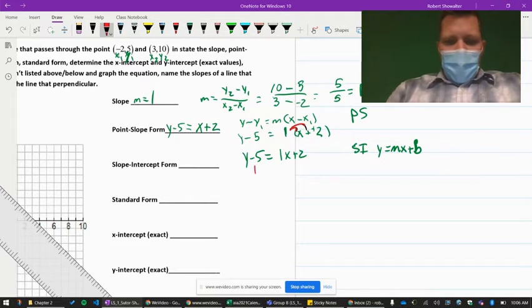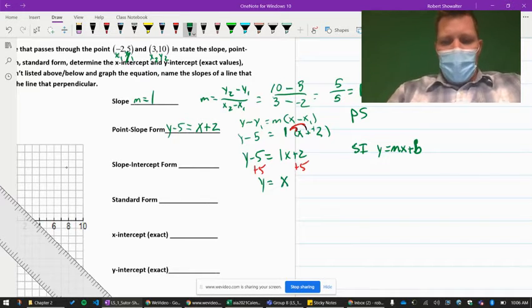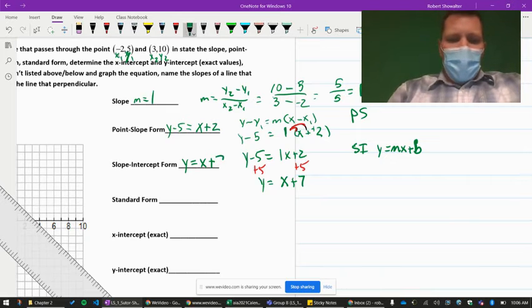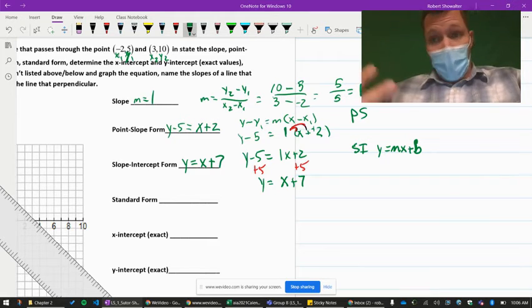We add 5 to both sides. In slope intercept form, we want y by itself: y equals x plus 7. Conveniently, with slope intercept form, we can read our y-intercept being 7. We can also read our slope being 1, written out in front of x.